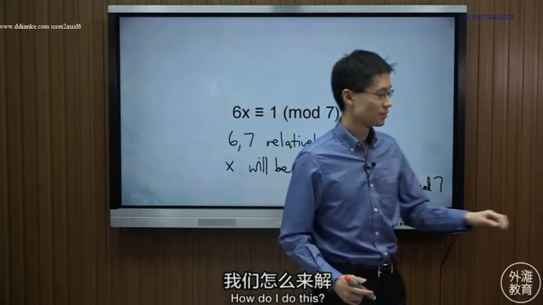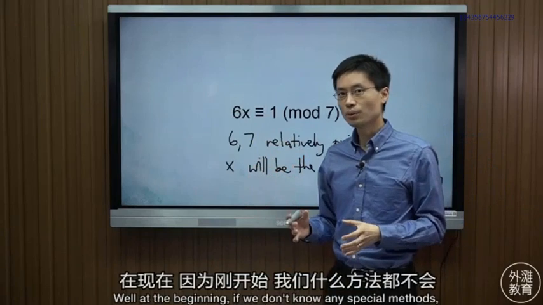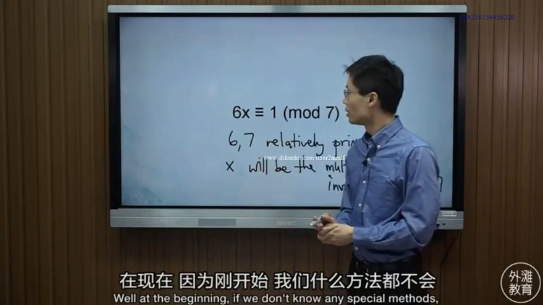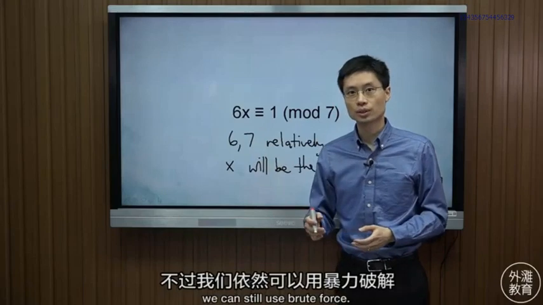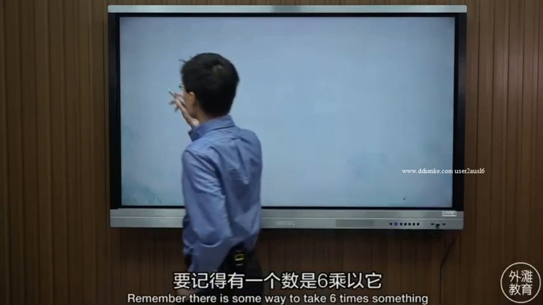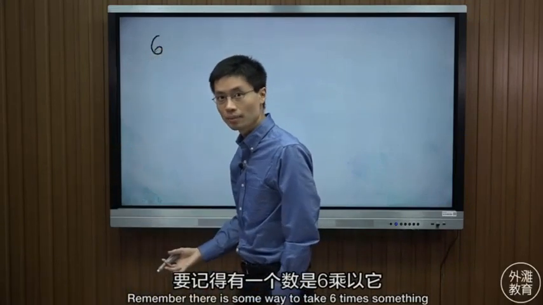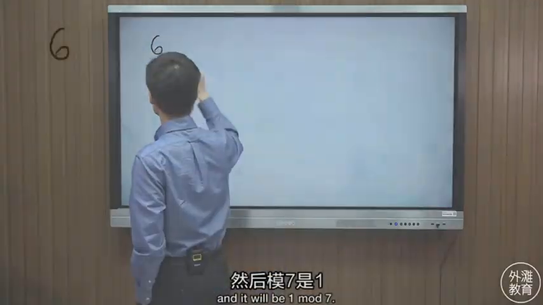How do I do this? Well, at the beginning, if we don't know any special method, we can still use brute force. We can just try everything. You remember, there is some way to take 6 times something, and it will be 1 mod 7.